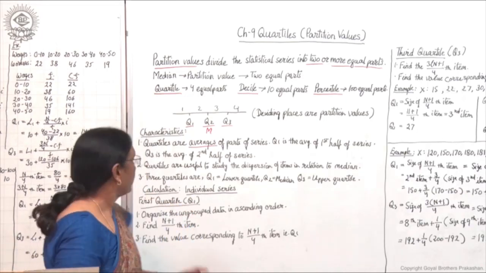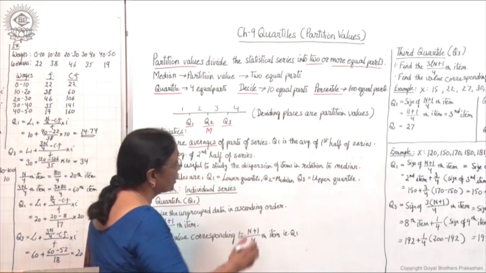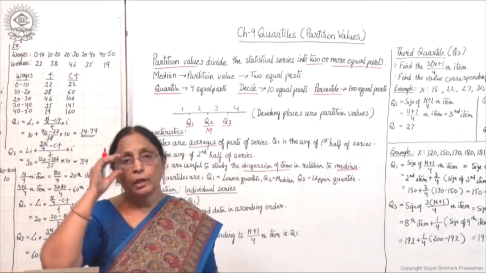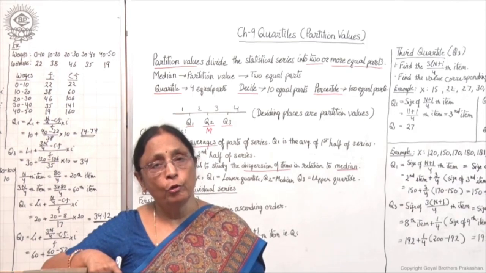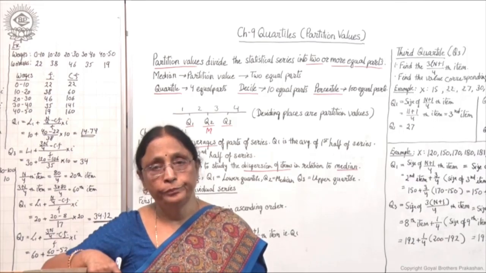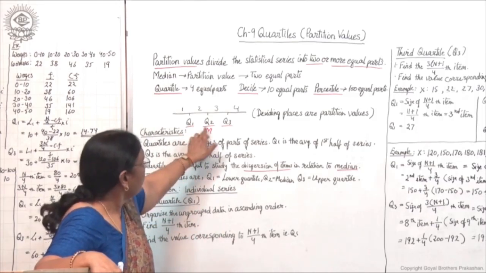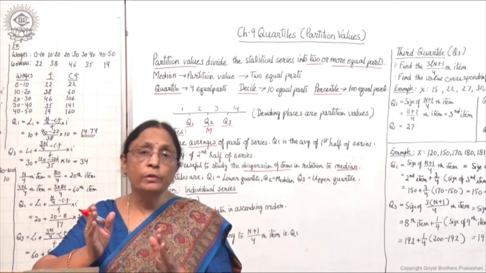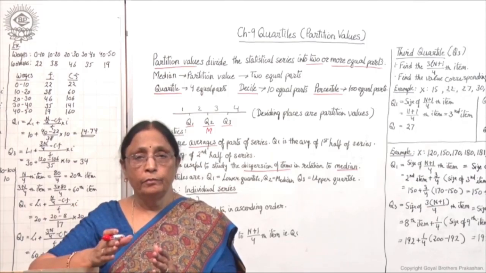Got it? Okay. Now the second characteristic: quartiles are useful to study the dispersion of items in relation to median. Quartiles are very helpful in finding the dispersion of items in relation to median. Median is the central value dividing the series into 2 parts, and the other quartiles give an indication of how far the items are scattered from the median.